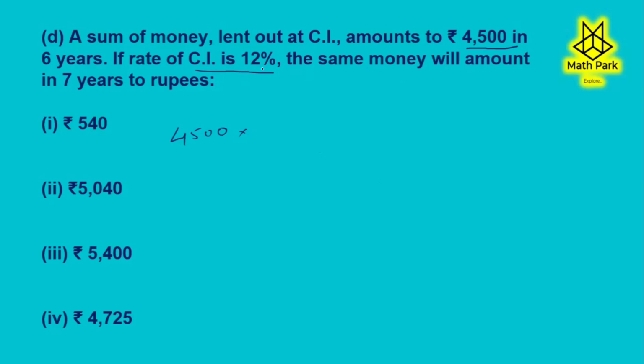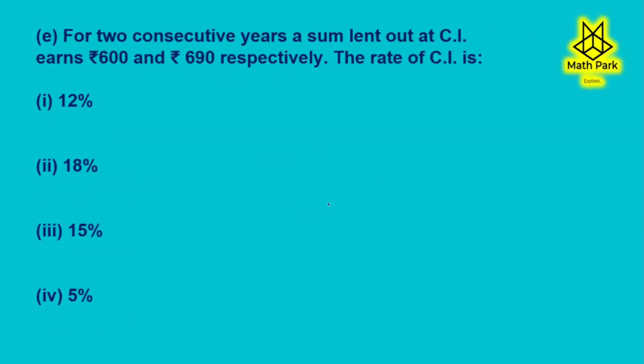So 1 plus 12% is going to be 112 upon 100. For 1 year we are calculating, from the 6th year to the 7th year. Let us simplify. So you get 112 multiplied by 45, you get this as 5040. So option 2, rupees 5040 is the correct answer.